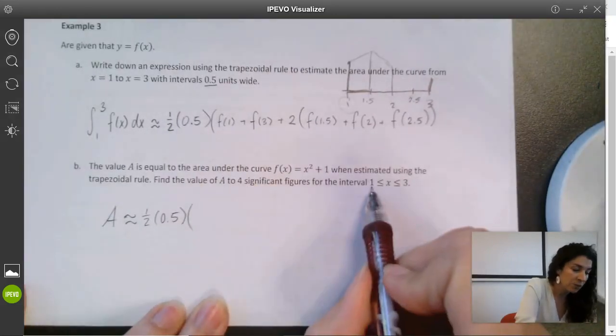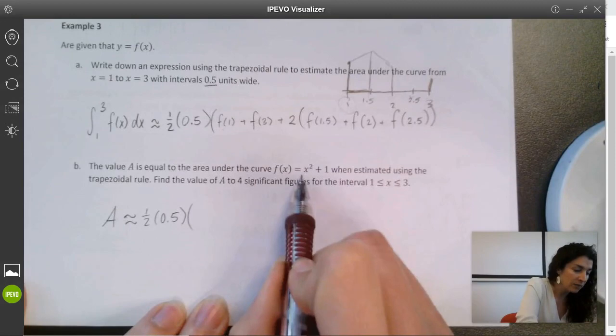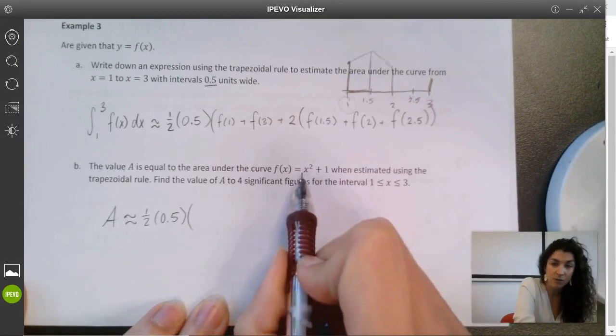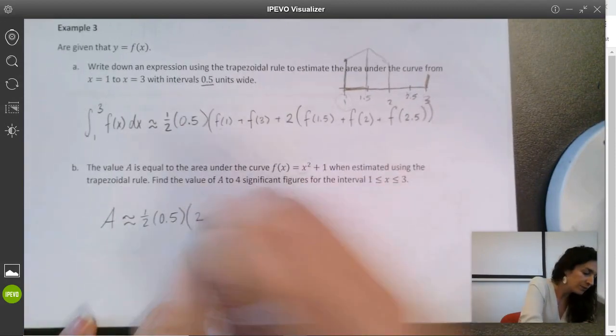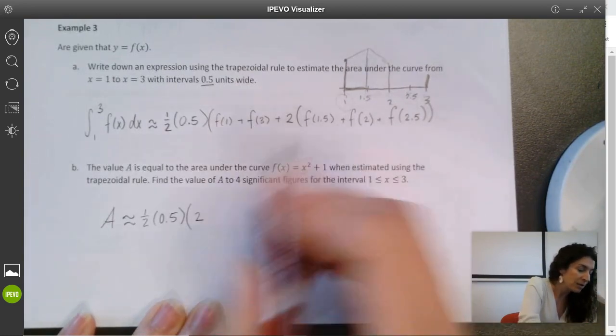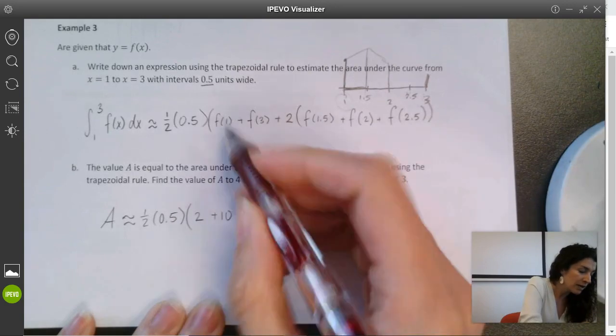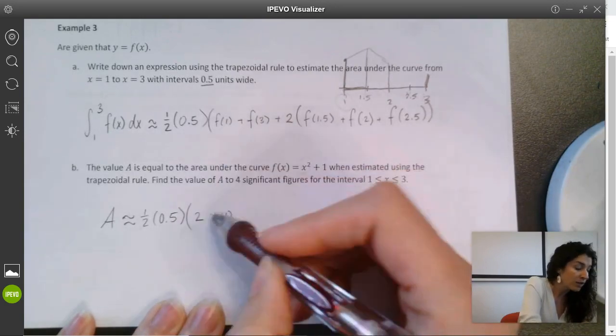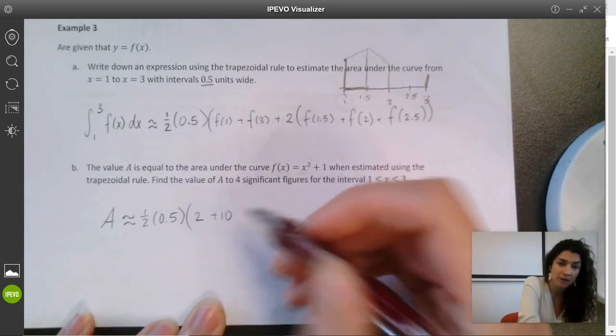Well, f of 1, we plug 1 in for x squared, so that's 1 plus 1 is 2. Then we plug in f of 3. 3 squared is 9, plus 1 is 10. So f of 1 is 2, f of 3 is 10. We add those together.